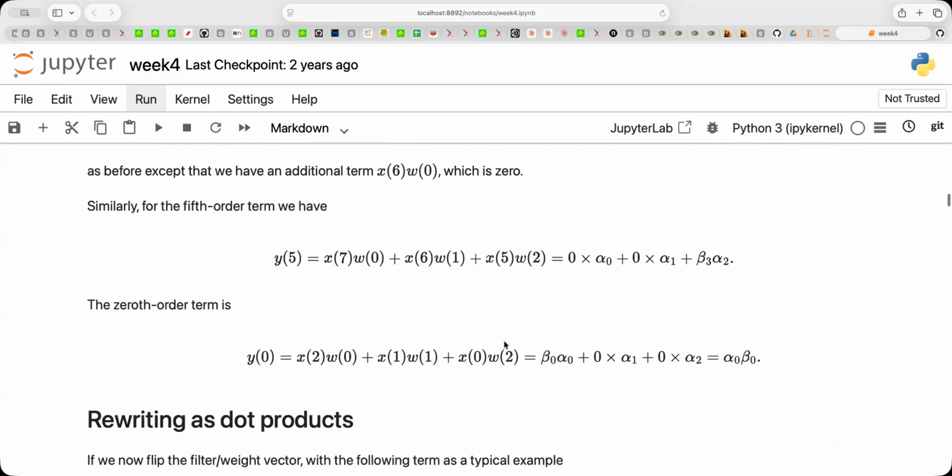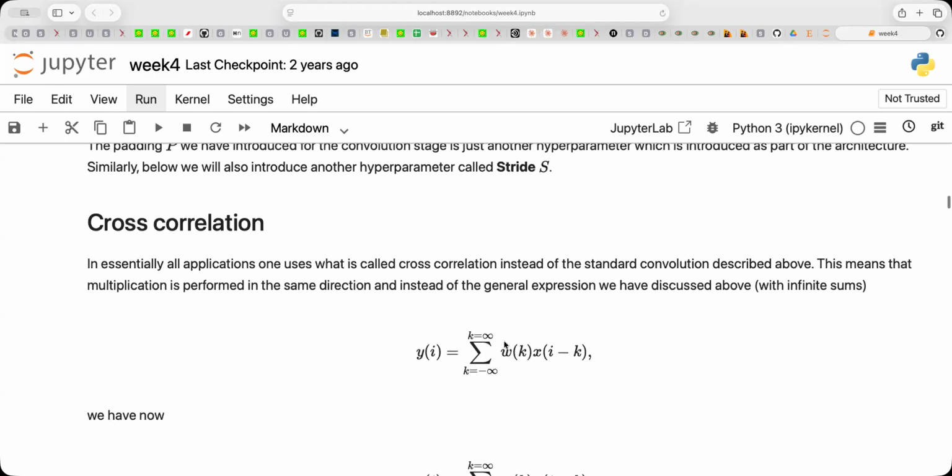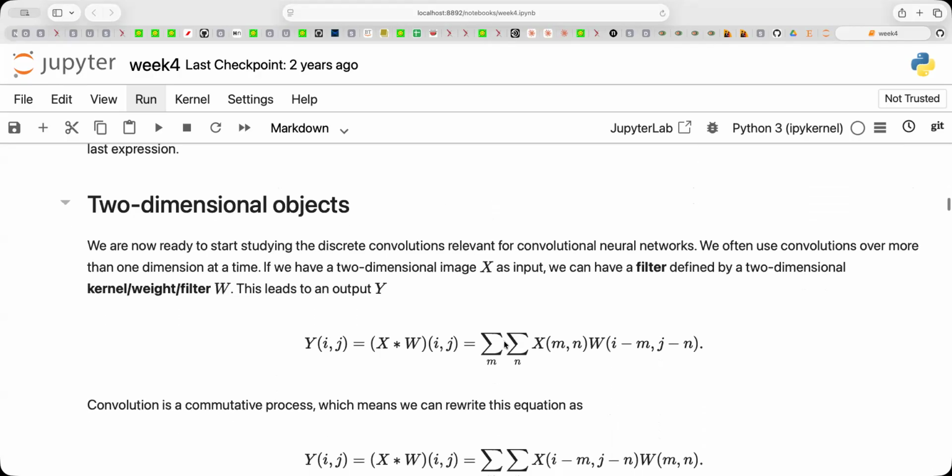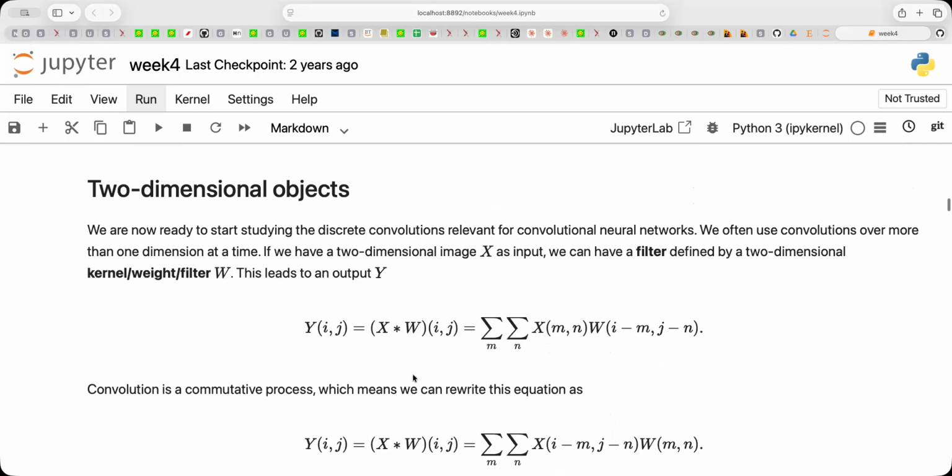So when we now are going to scrolling down a little bit here, when you deal with 2-dimensional objects, which could be an image without the color channels, then what we end up doing is something like this.